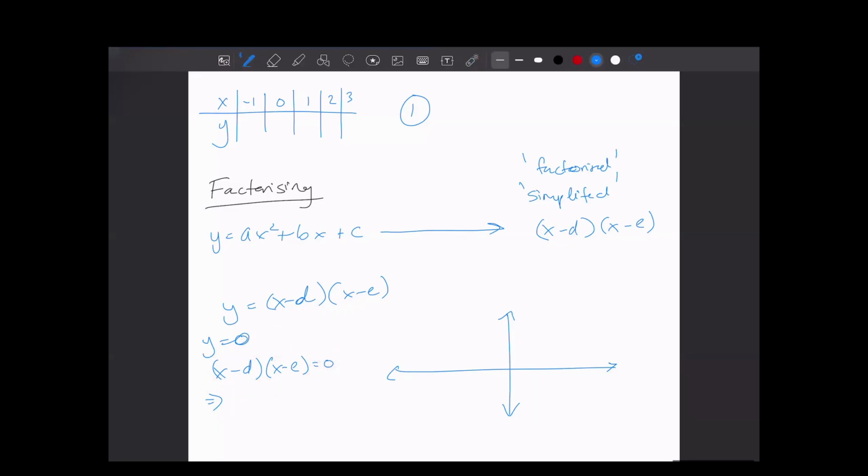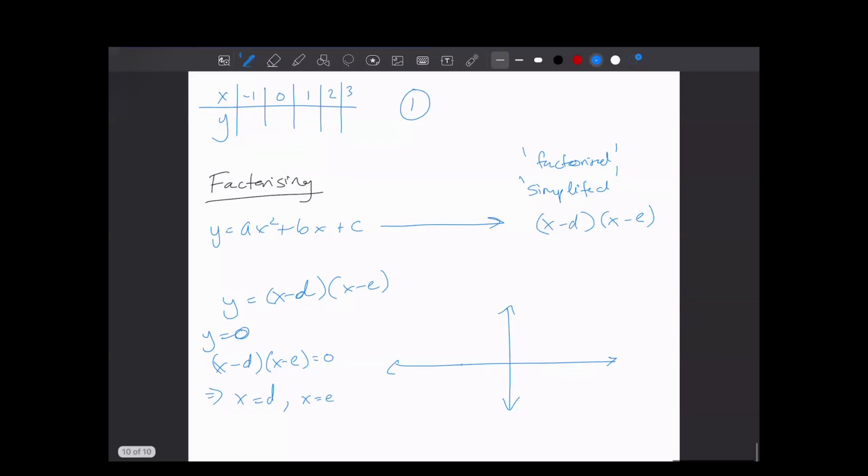So when is this true? It's true when x minus d equals zero, which is the same as saying x equals d, or when x equals e. And so those are your intercepts. Your parabola will have the intercepts of d and e.